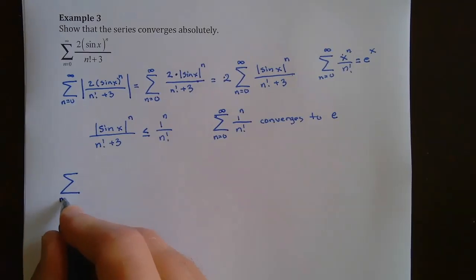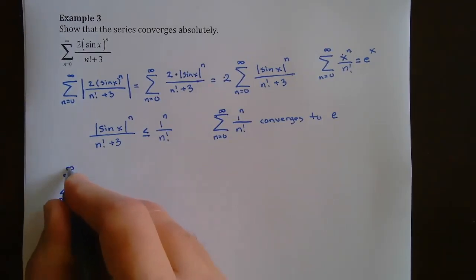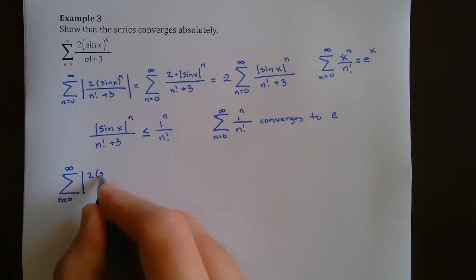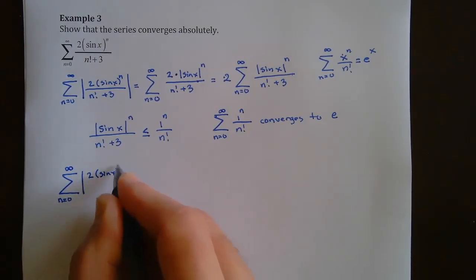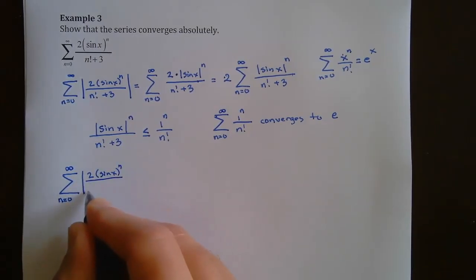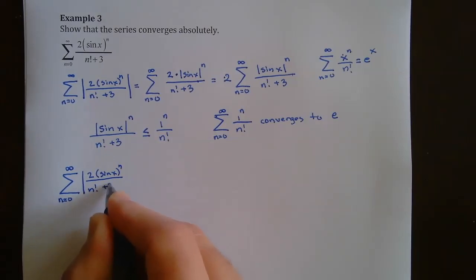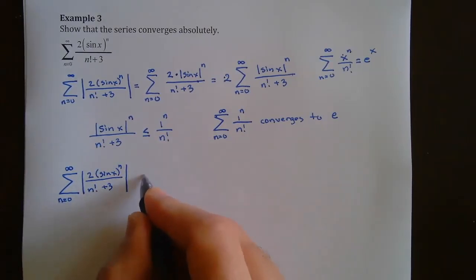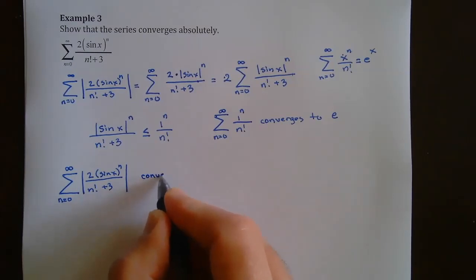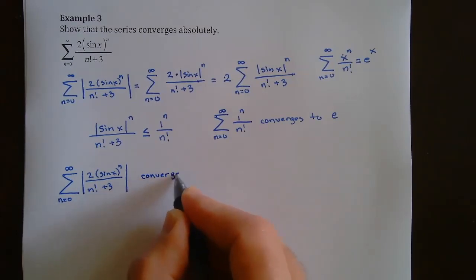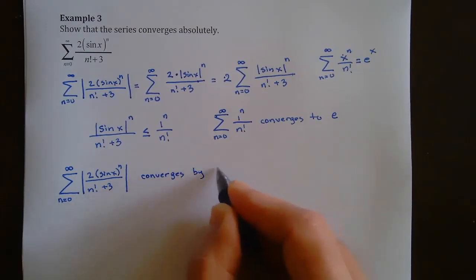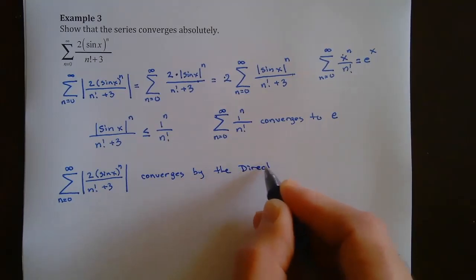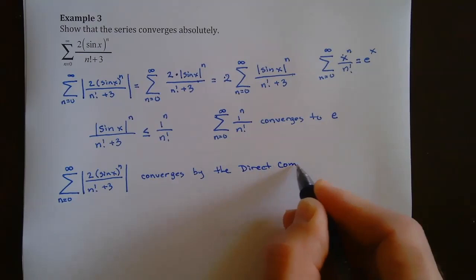So the sum from n equals 0 to infinity of the absolute value of 2 times sine of x raised to the n over n factorial plus 3, close that absolute value. This one we know converges by the direct comparison test.